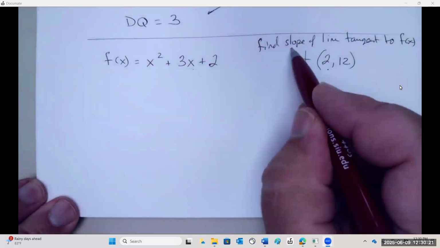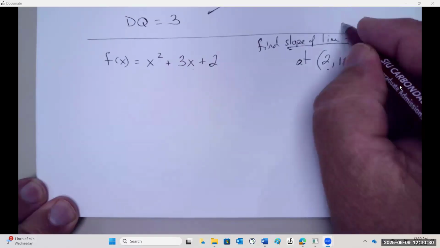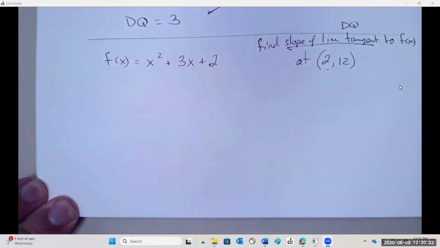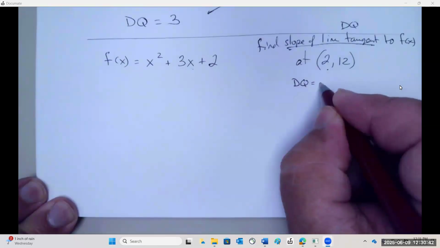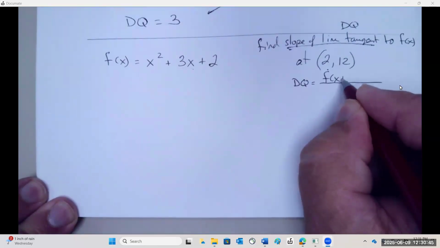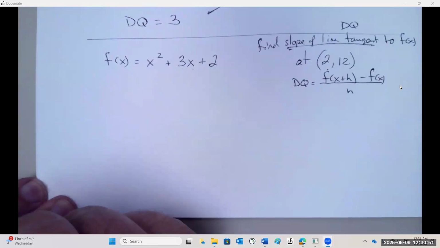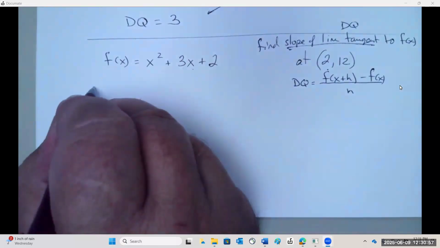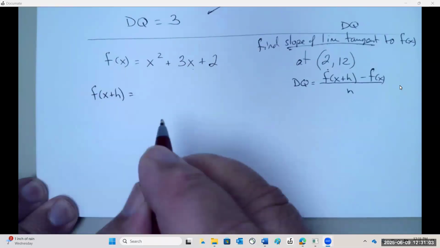So whenever you're asked to find the slope of the line tangent, that automatically tells you to use what formula? The difference quotient. By definition, the difference quotient finds the slope of the line tangent to the curve. So let's find the difference quotient, which is f of x plus h minus f of x all over h. So we need to find f of x plus h.